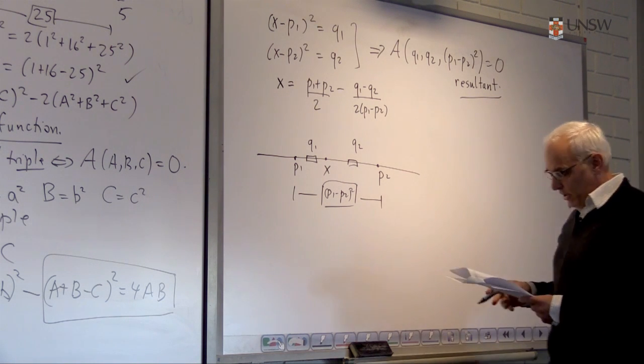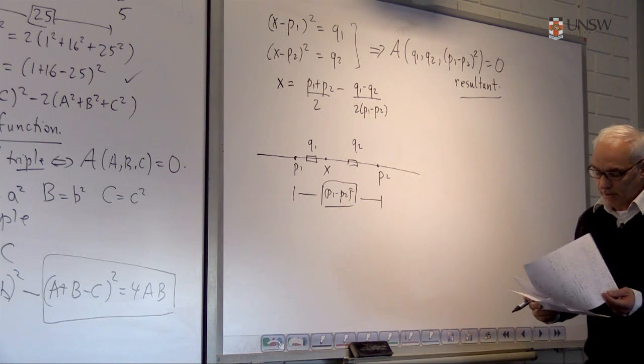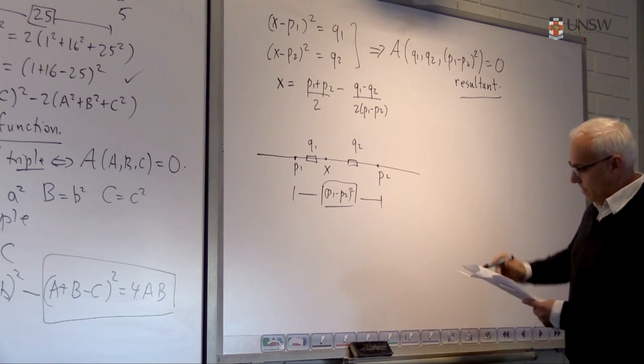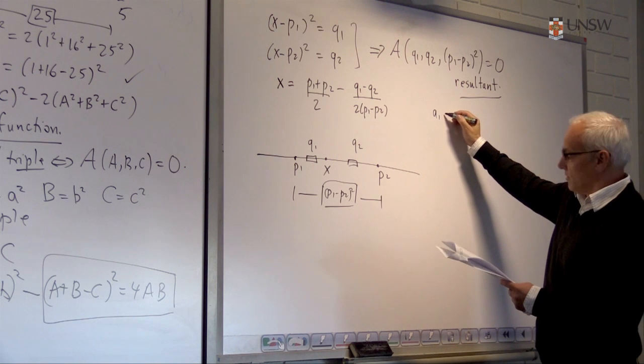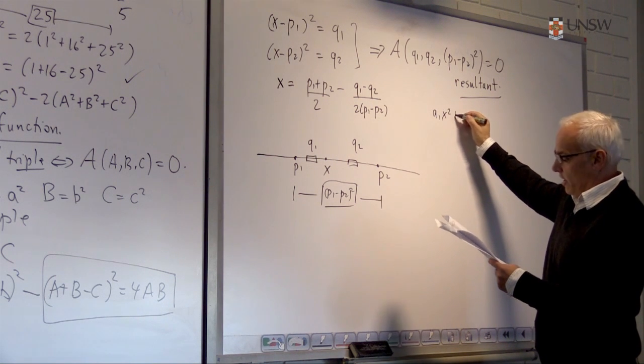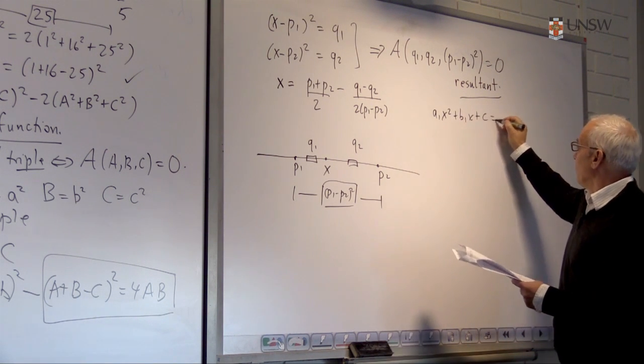I can't help but also, just for your own interest, give you the following alternate form of this. This would have been well known to Euler, etc. So a1x squared plus b1x plus c1 equals 0.